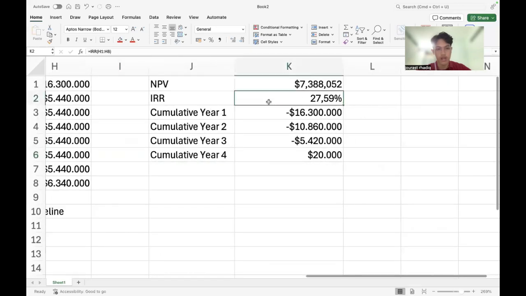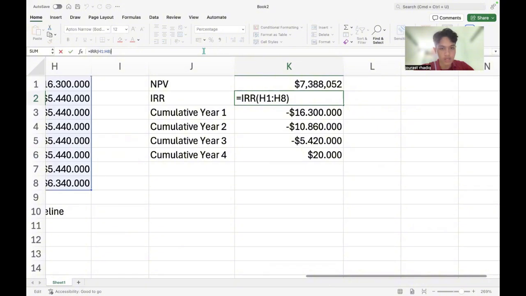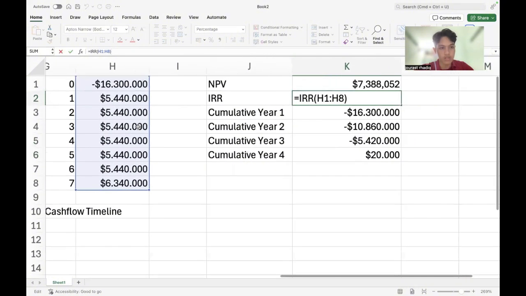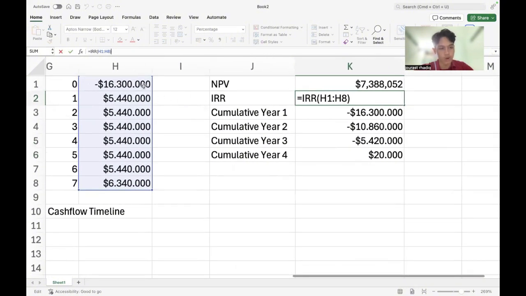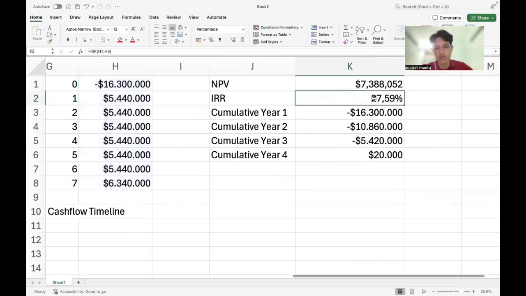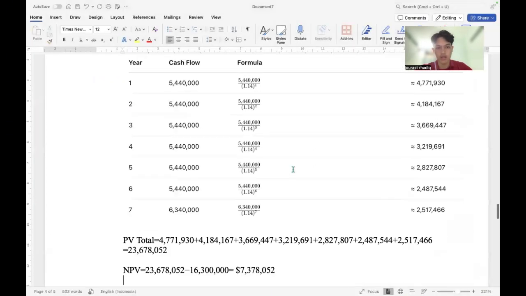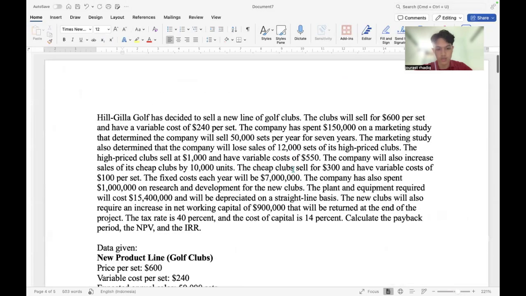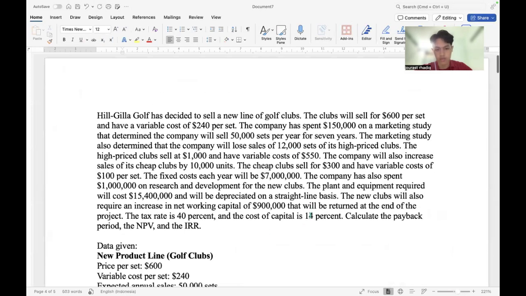This one, IRR, or internal rate of return. The formula is this one. You can copy it if you want. IRR, and you put all the cash flow timeline here. And we got 27.59%, which is higher than what they asked, which is 14%, right?